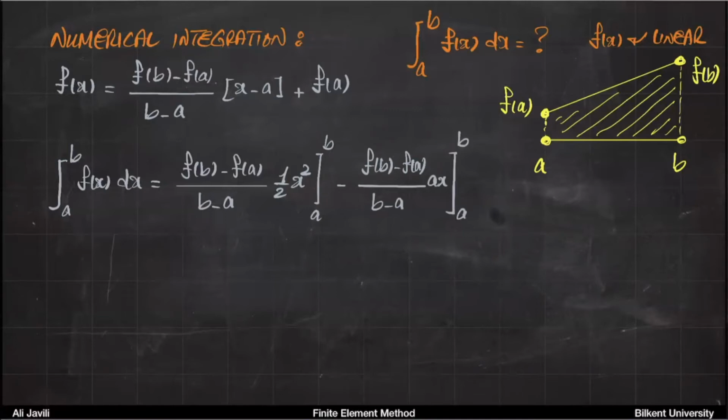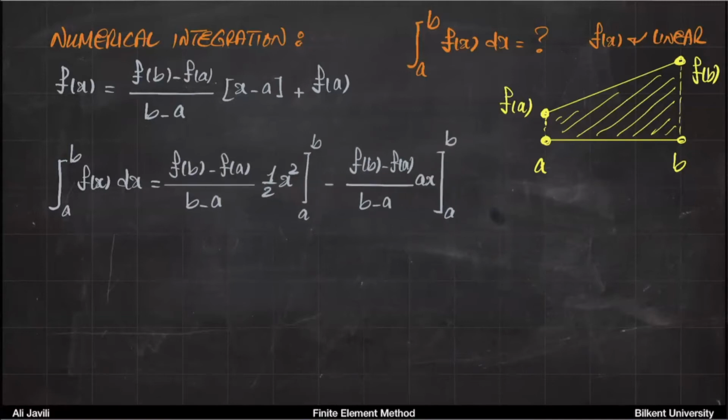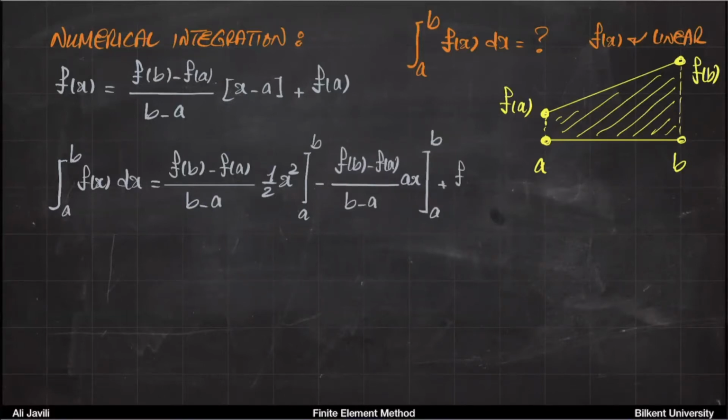And then from the fa term, you just get fa x, plus fa x from a to b.